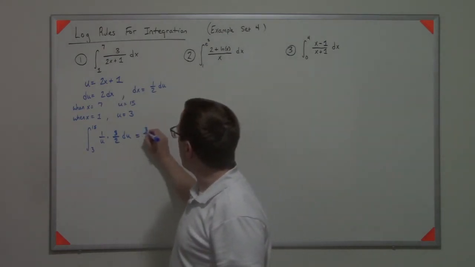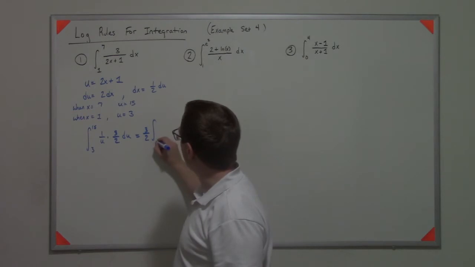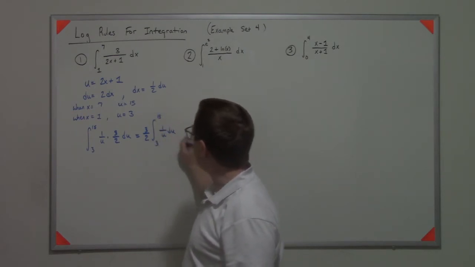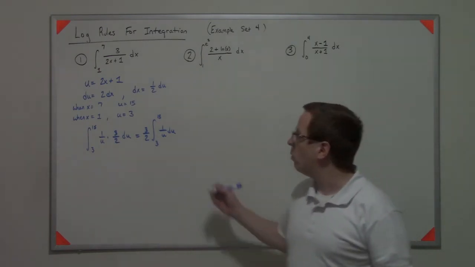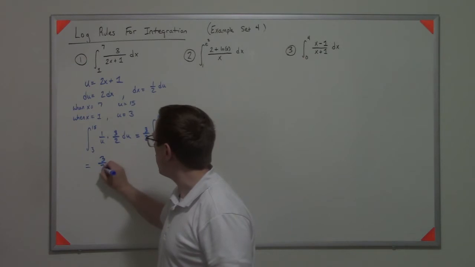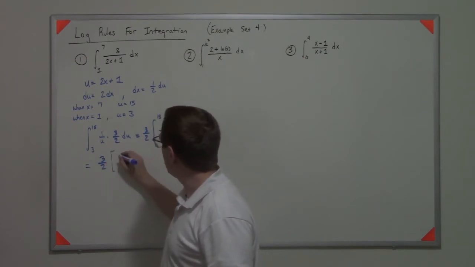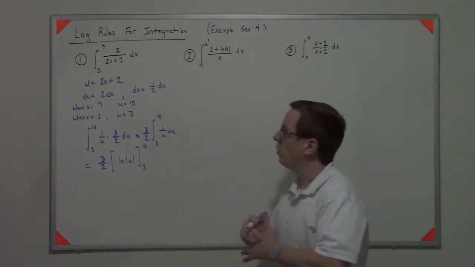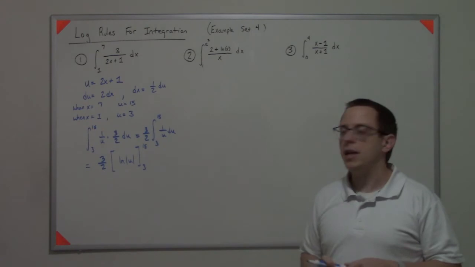We can say 3/2 integral from 3 to 15 of 1 over u du, which is nice because now when we get the next expression, 3/2 natural log of u from 3 to 15, we don't have to convert back to x's.